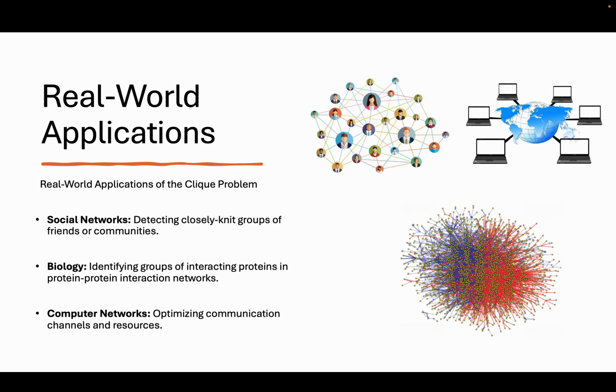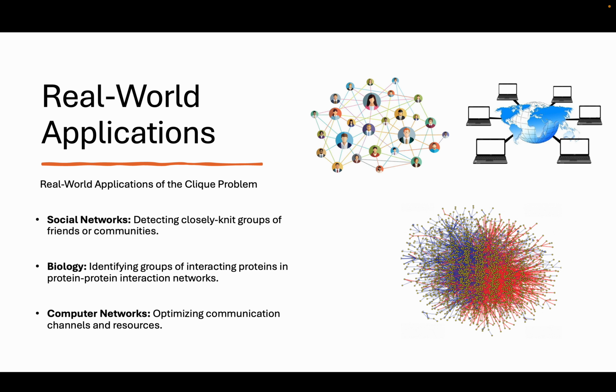Now some real world applications. The clique problem is not just theoretical, it has many real world applications. First is social networking. On platforms like Facebook or LinkedIn, the algorithms look for groups of people who are all connected to each other.